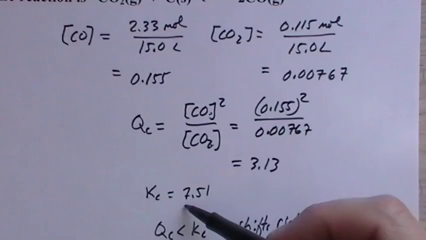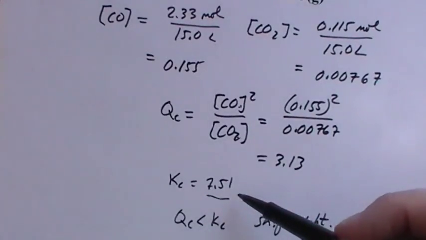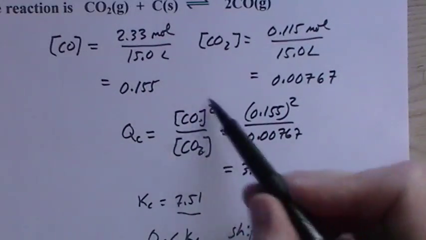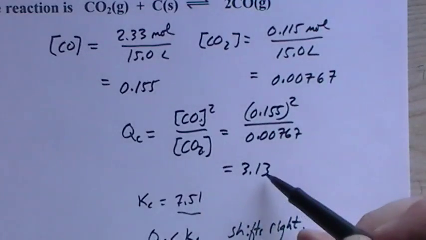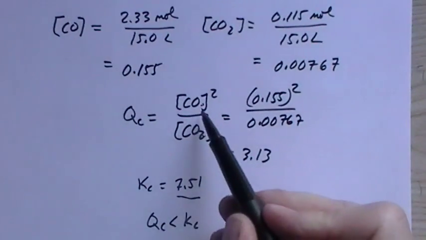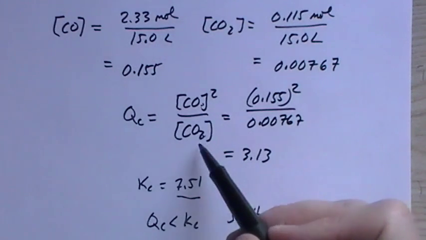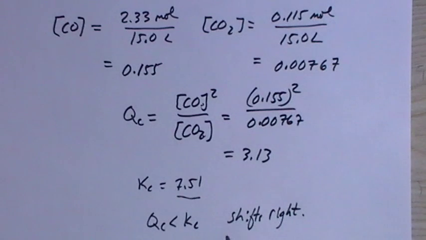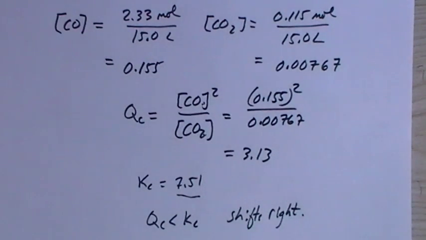It has to be equal to 7.51 at the end of the reaction. We're in the middle of the reaction, and this ratio is 3.13. The only way to get to 7.51 is to increase the amount of CO and decrease the amount of CO2, and what that means is the reaction is going to the right, or going forward, going from reactants to products.